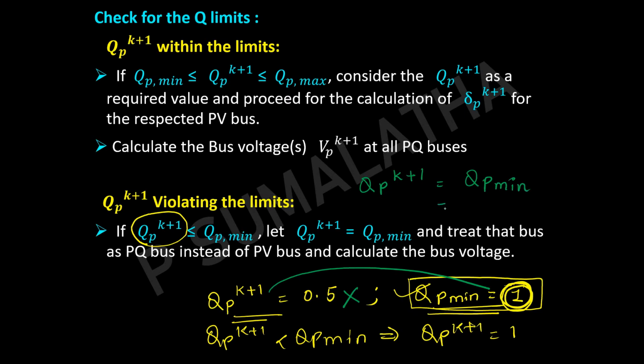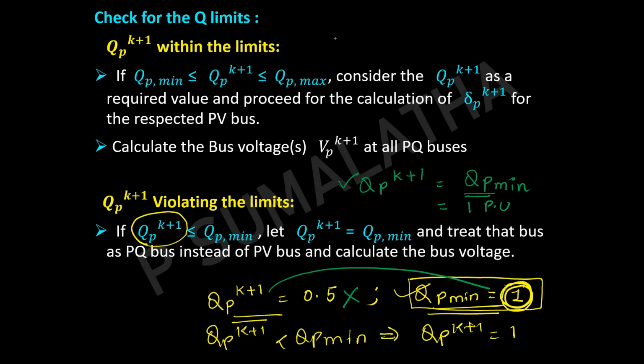What is that minimum value? That is 1 per unit. Whenever you equate the Q value to Q_p minimum, you are defining the Q value. That means you are assigning the Q value.